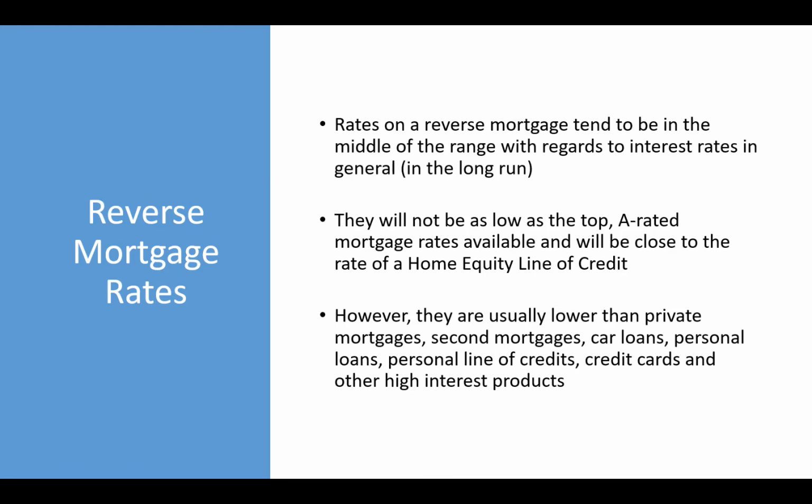So with reverse mortgage rates, they tend to be in the middle of the range with regards to interest rates in general. They're not going to be as low as a top A-rated mortgage that you can get. They'll generally be quite close to a home equity line of credit, and they'll usually be lower than private mortgages, second mortgages, car loans, personal lines of credit, credit cards, and other more high interest products.